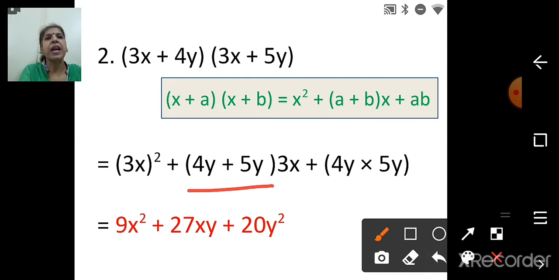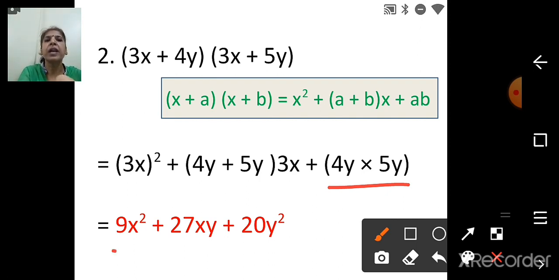So (4y + 5y) multiplied by 3x, plus the multiplication of the second terms, 4y multiplied by 5y. First substitute the values, then solve.